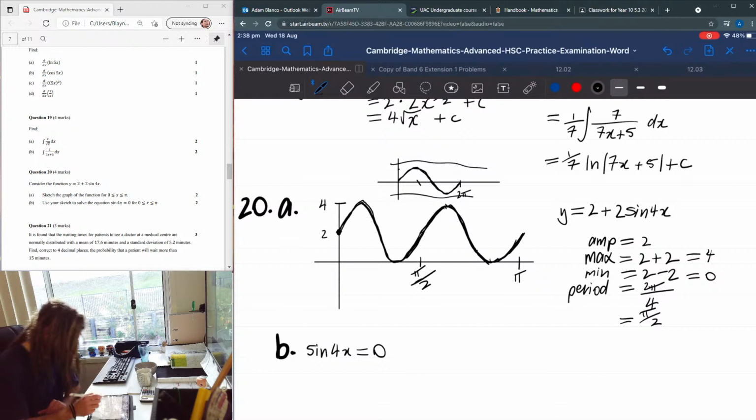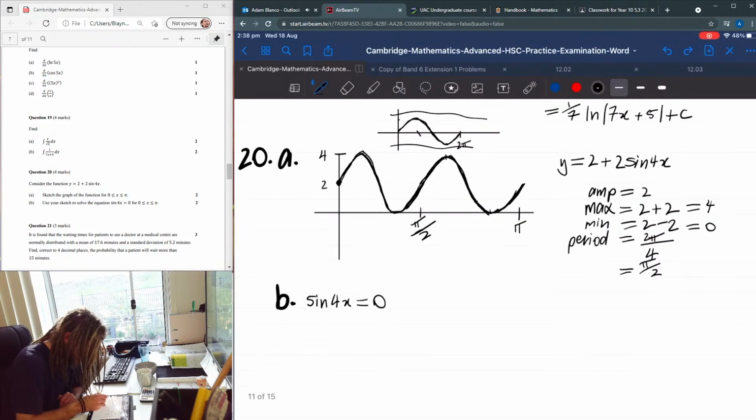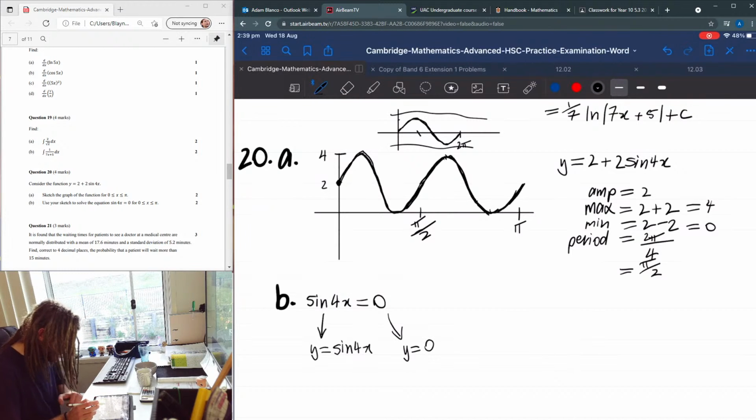Okay. Well, in my case, when does this equal 0? Well, it equals 0 when, so hang on. Let's call this y equals sine 4x. Call that y equals 0. Now my graph, it's kind of confusing because my graph's like double that.